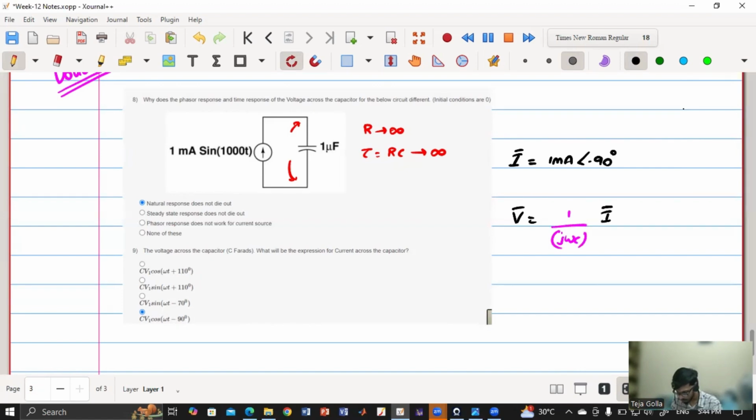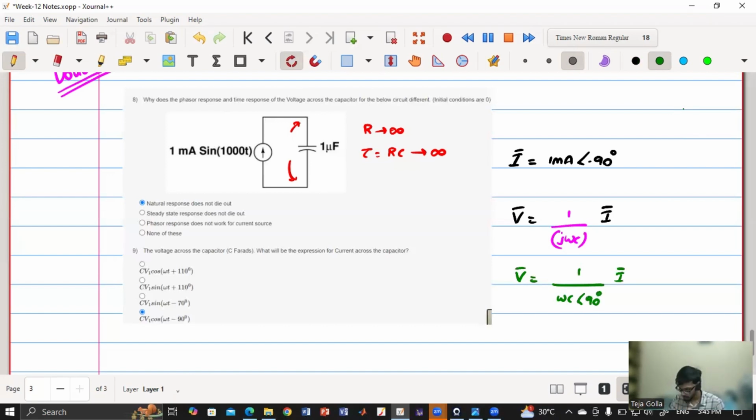I'm not sure what exactly they want here, because this question seems a little ambiguous. They're writing current in terms of voltage, but then they have written cos omega t minus 90 degrees. Then it should be sine. So let us write V bar is equal to 1 by j omega c, which is 1 by omega c angle 90 degrees into I bar.